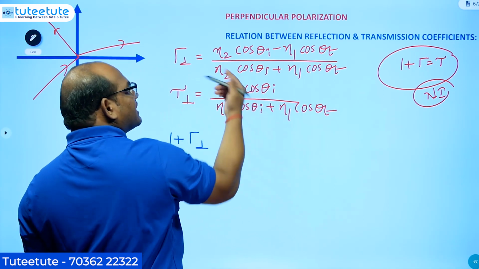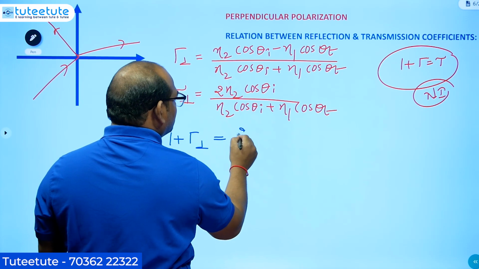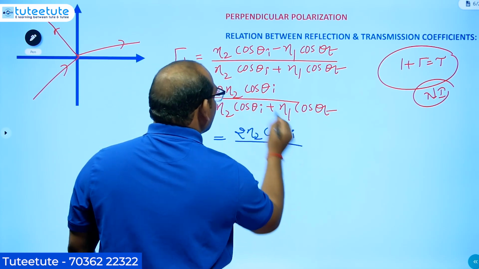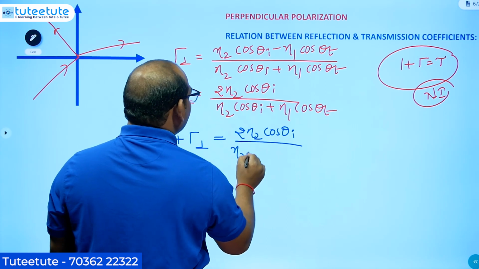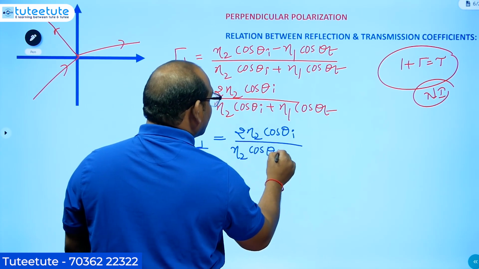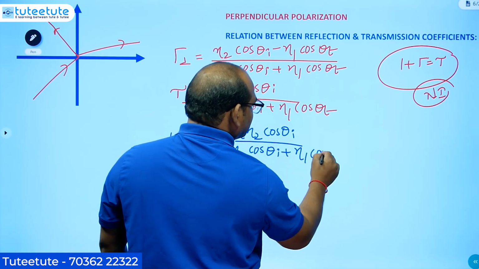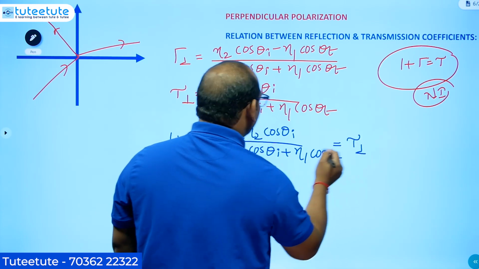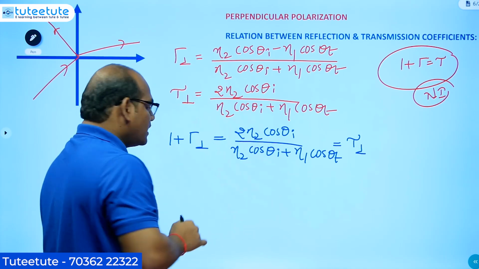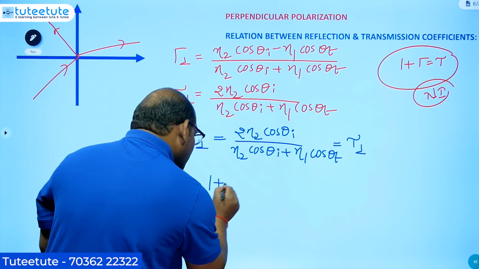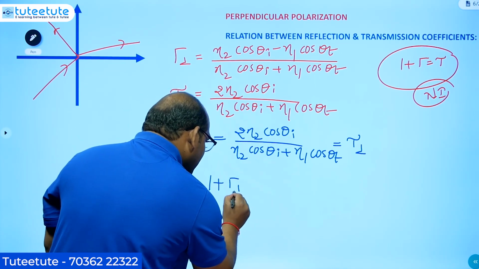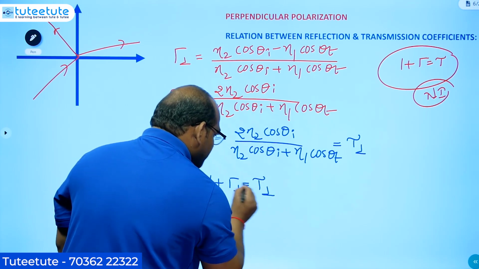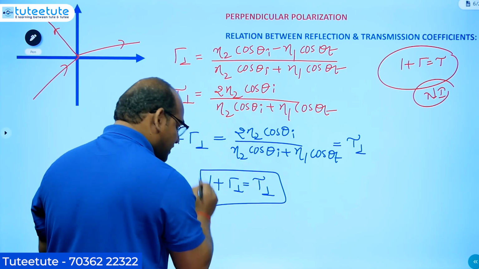So 2 times eta 2 cos theta I will come, by the same denominator eta 2 cos theta I plus eta 1 cos theta t, but it is exactly equal to tau perpendicular only. So the relation 1 plus gamma perpendicular is equal to tau perpendicular. This is what we can tell.